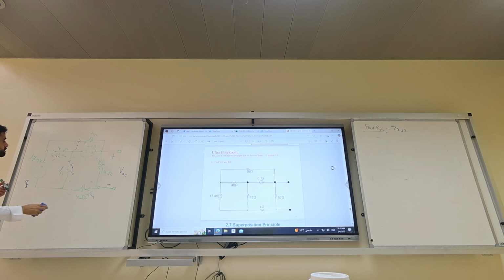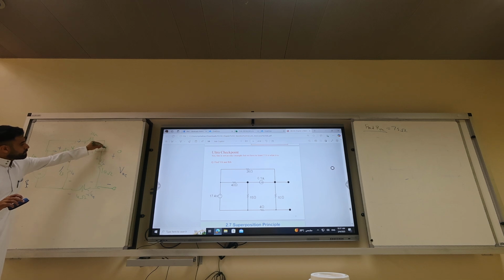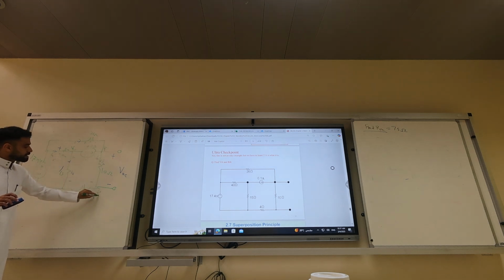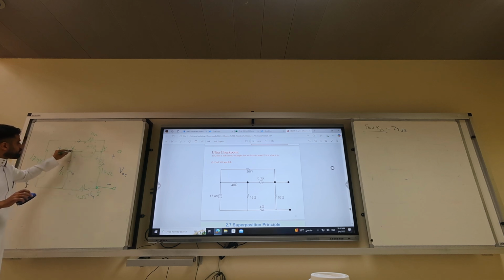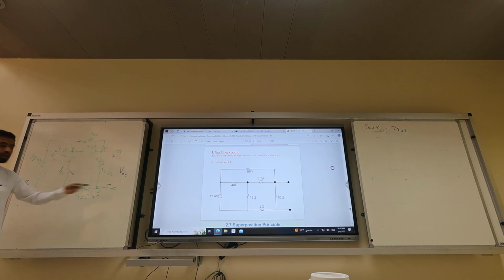How many nodes of voltages? 3 nodes. So we know this voltage, so we don't need it. So we have this, and that. Forget about open circuit. We have V1, we have V2, we have V3, right? 1, 2, 3.